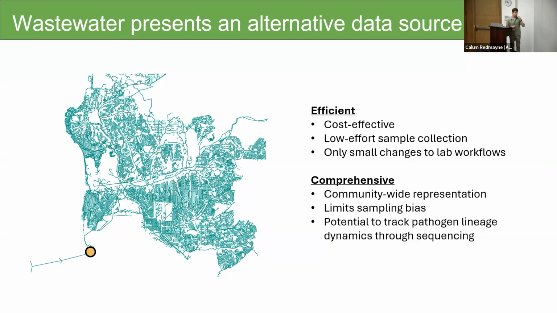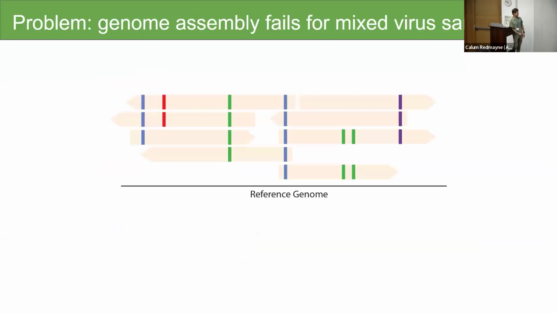You didn't have to swab individual people's noses, and as a result, you're able to basically passively surveil an entire community all in one go. And this comprehensive, cost-efficient nature means that it can be done at scale with limited financial implications. And this last bit here, this ability to potentially sequence, is what really got us excited, because we wanted to be able to understand what lineages of the virus were circulating, speaking about SARS-CoV-2.